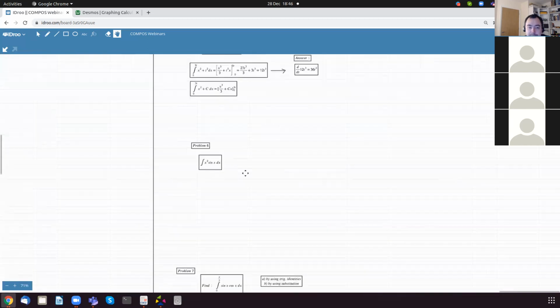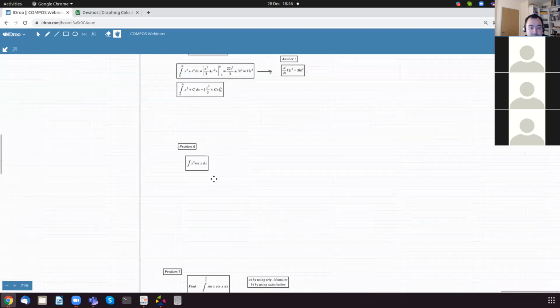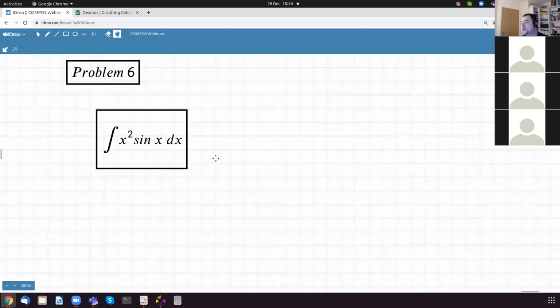Problem 6. Problem 6 is integration by parts. If you have ever done integration by parts, type 1. If you've never done integration by parts, type 0, please.